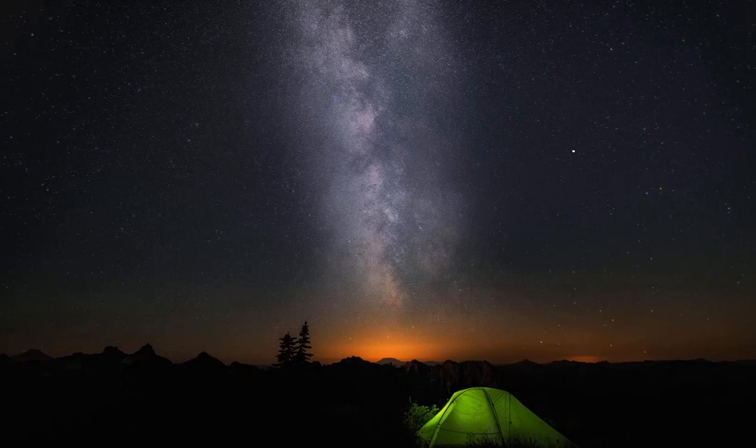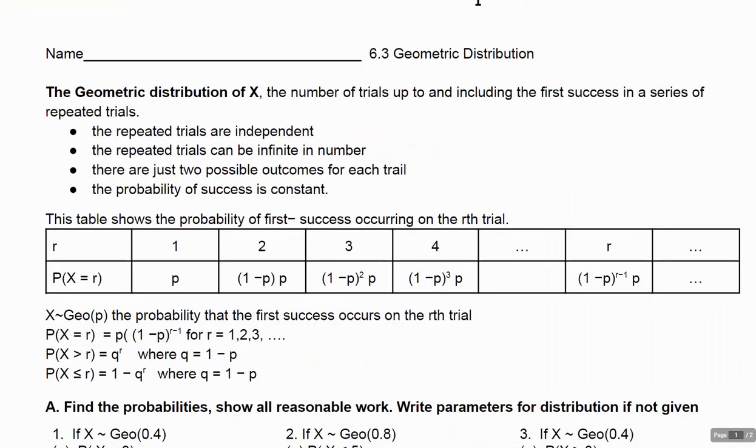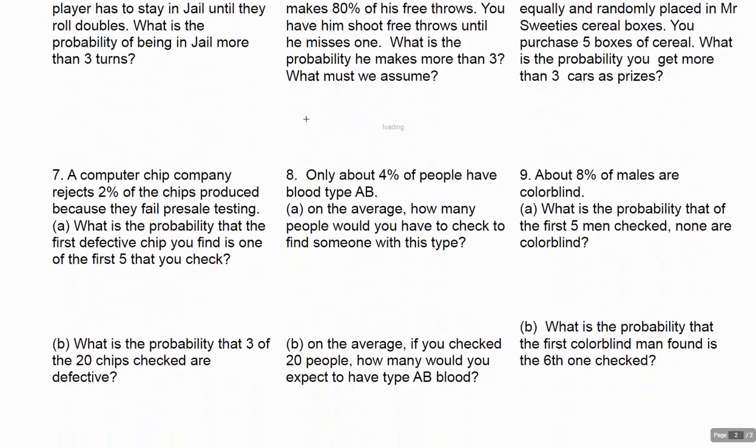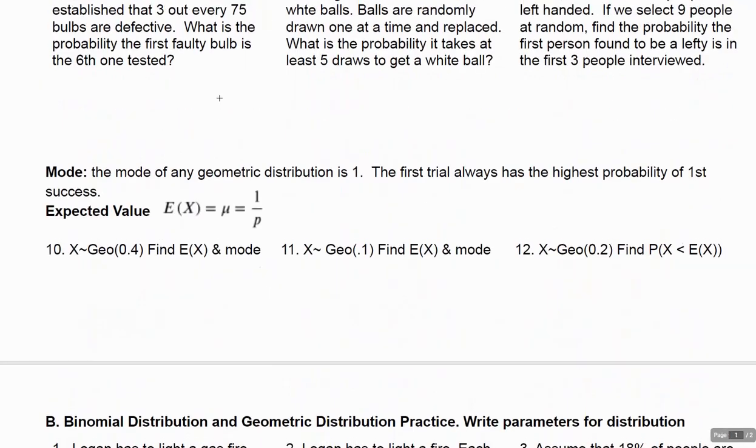Okay, let it open up here. So what are we looking at? Number 12. No, on the first page. Oh, sorry, the last question. You're fine.